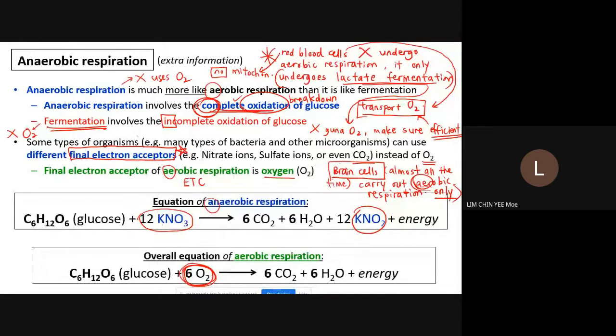This is extra information, because we worry that in the exam they may ask about a specific cell type, so at least you have an idea what they are.